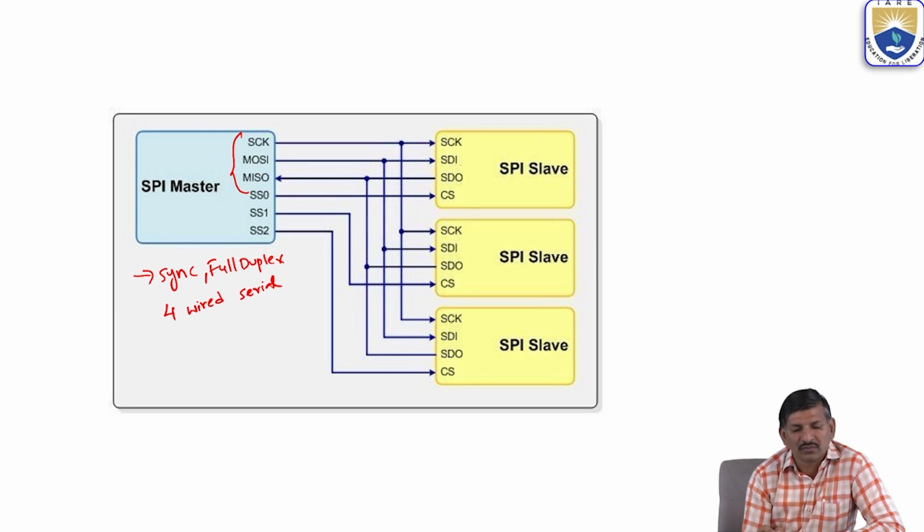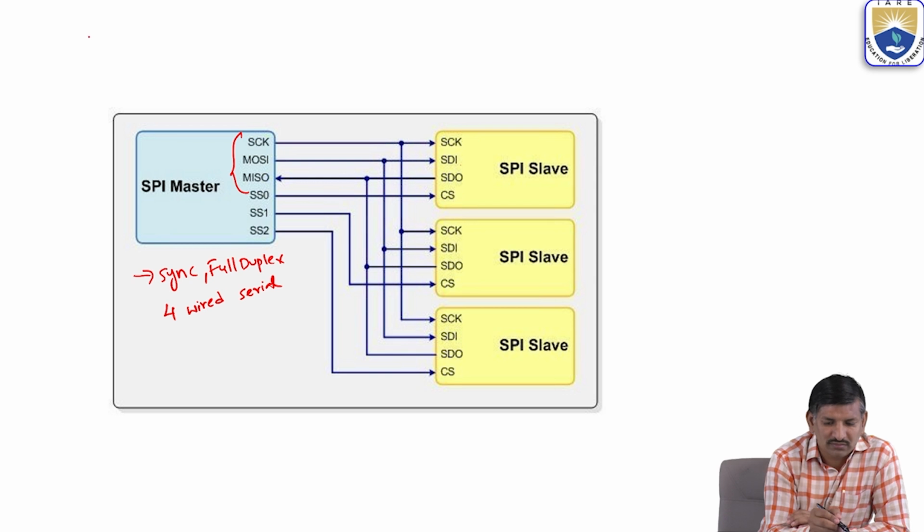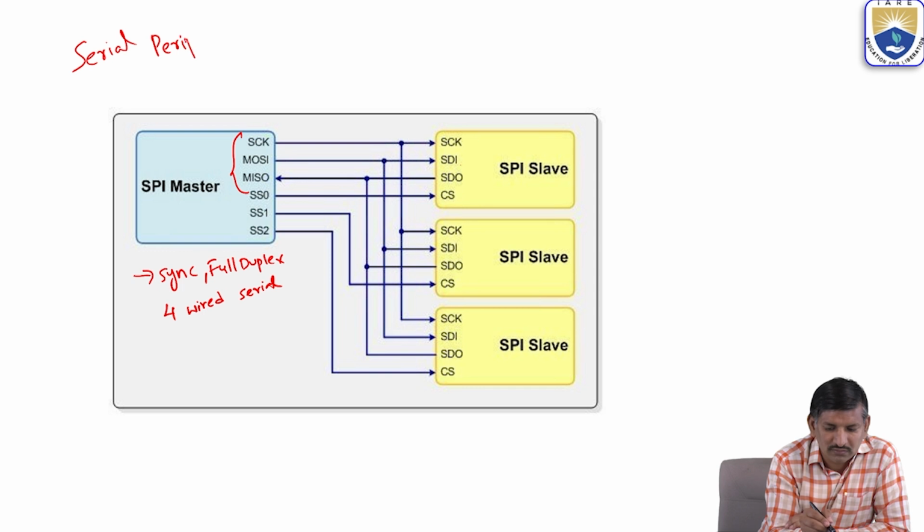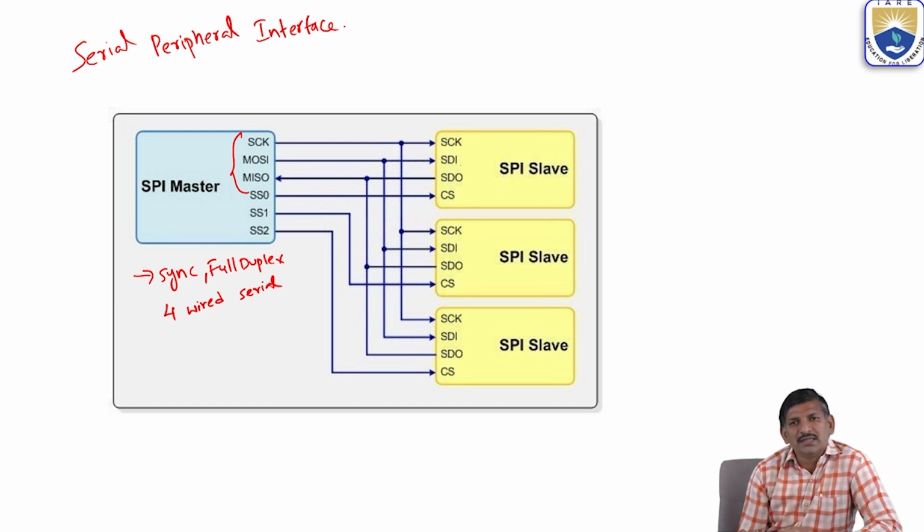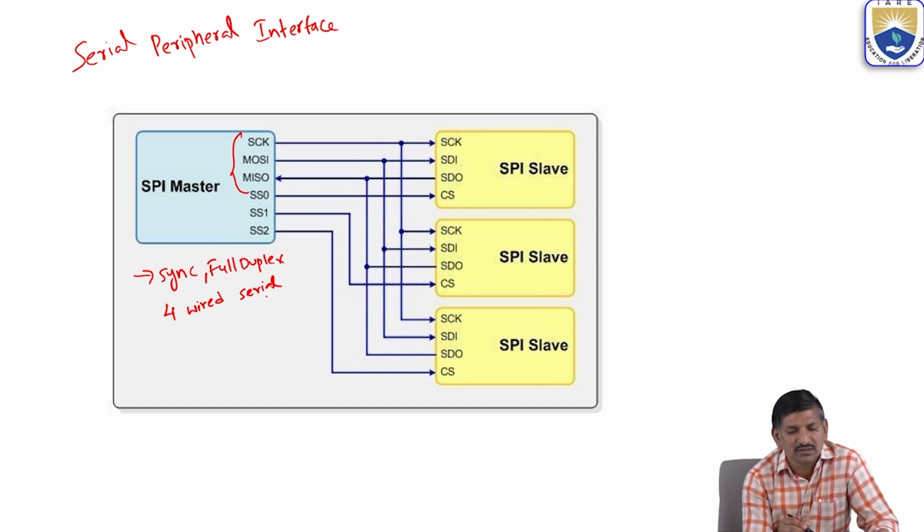So SPI, serial peripheral interface, is a synchronous full duplex 4-wired serial communication bus.